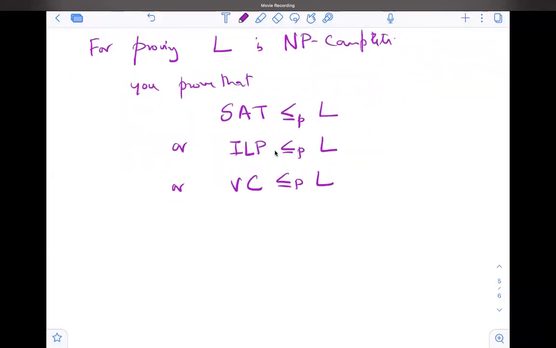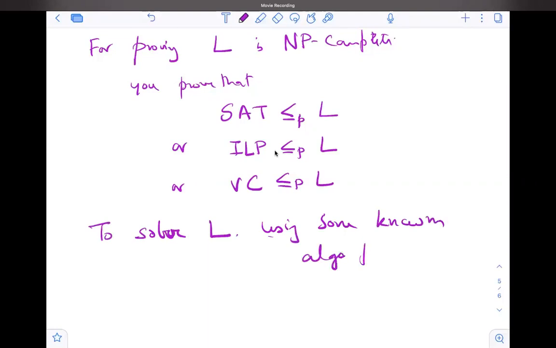But what happens if I want to solve L? Now this is just the opposite. I want to solve L using some known algorithms for, say, SAT or ILP.